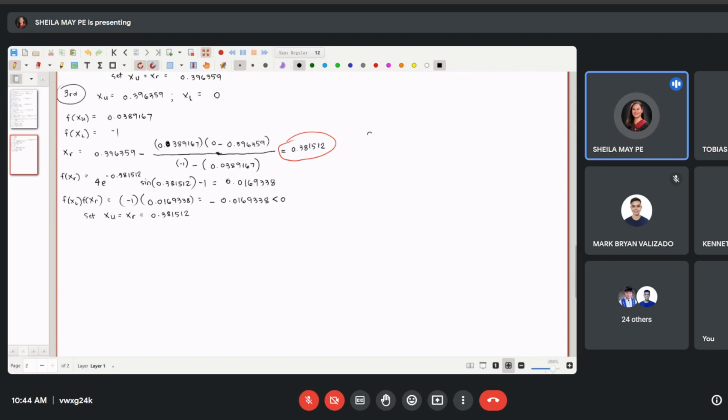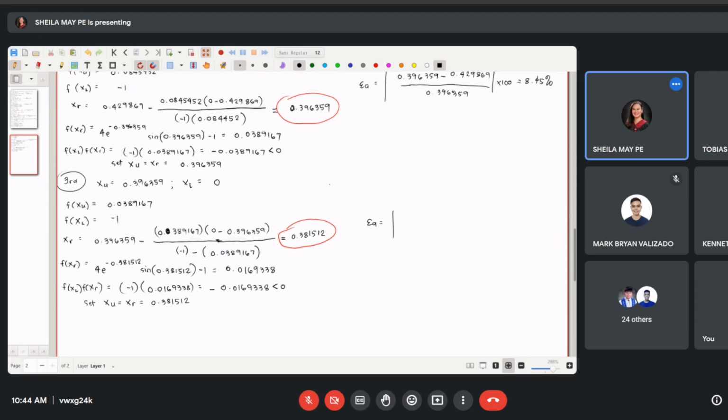So for the approximate error, that's 0.381512 minus 0.396359, over 0.381512.